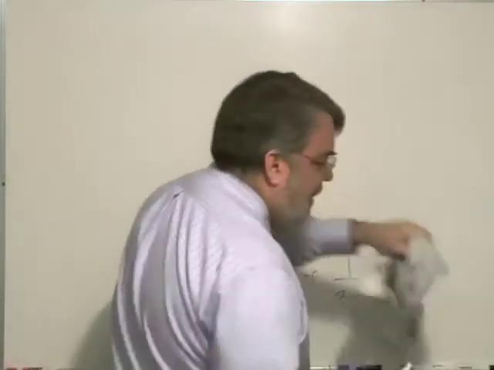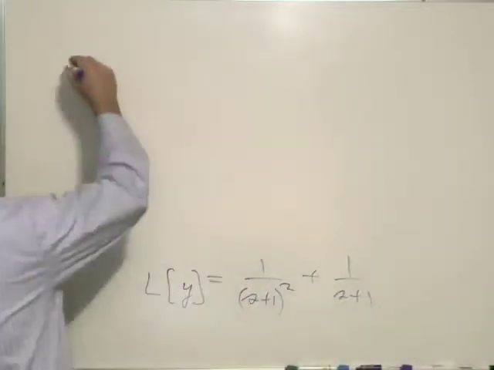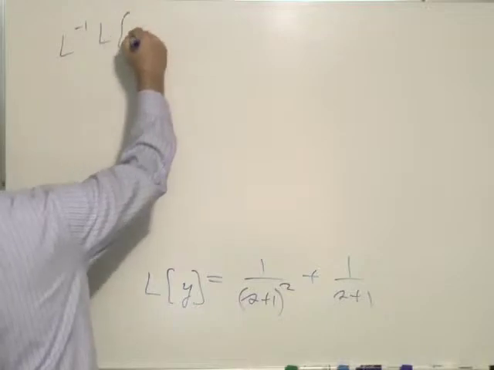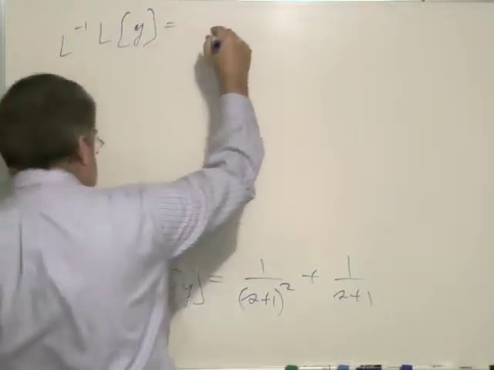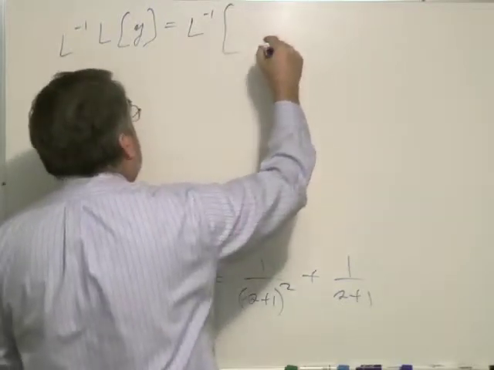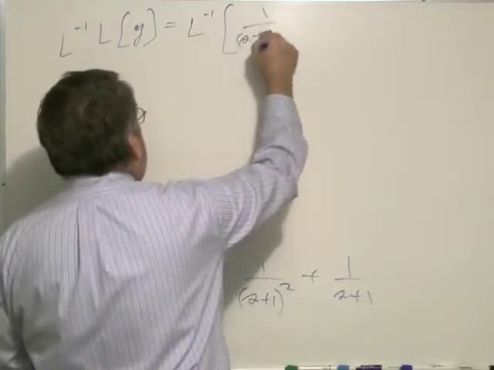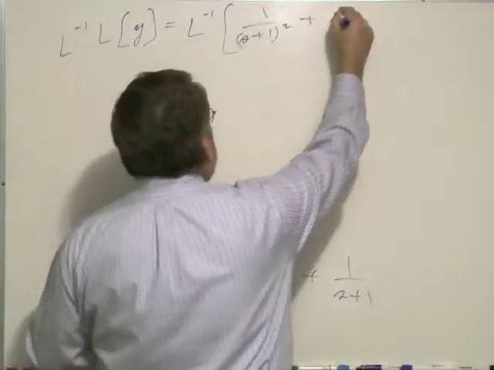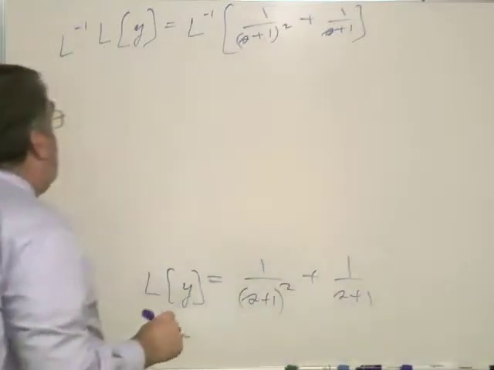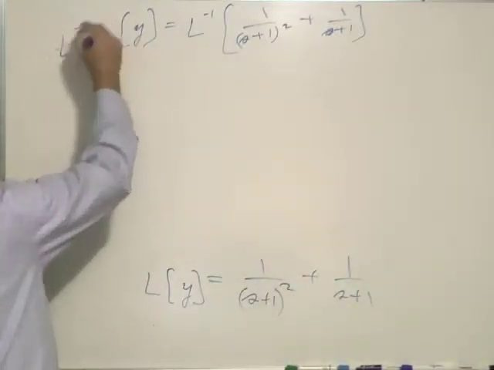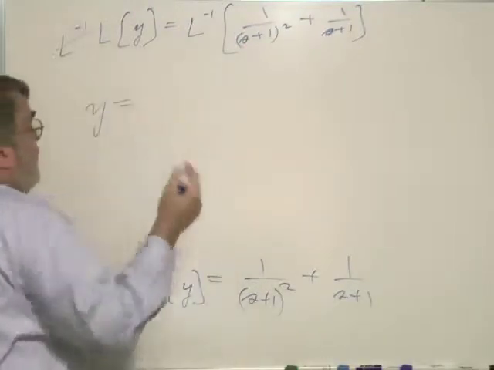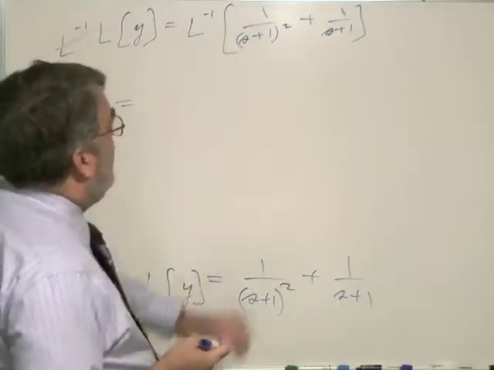And so the inverse operator operating on the Laplace transform of y in this problem will be the inverse operator operating on 1 over (s plus 1) squared plus 1 over s plus 1. Now these cancel, literally they cancel, and so we solve for y.